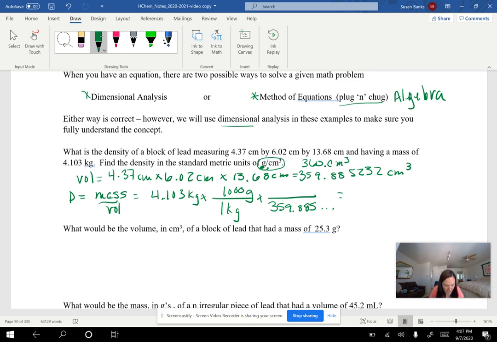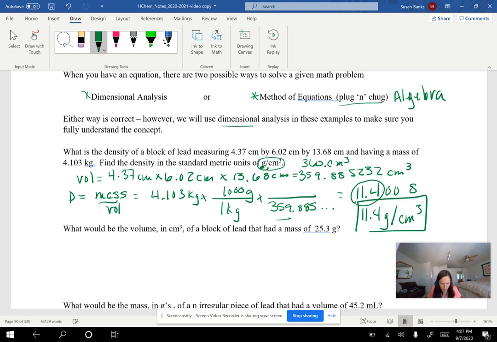I get an answer of 11.4008. We can really only do 3 digits. Remember, we are set to 3 digits here. So 11.4 grams per centimeter cubed is what we will use.